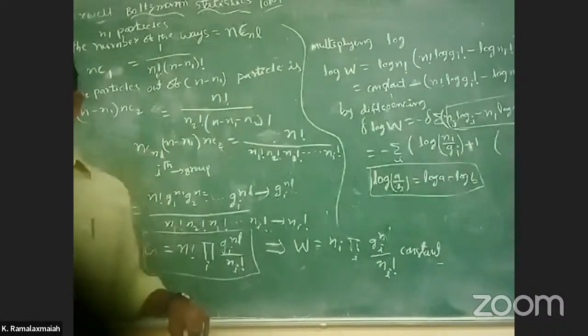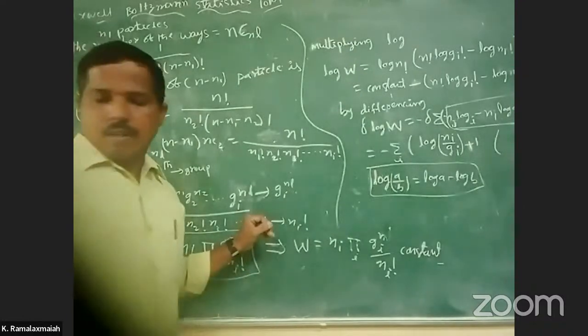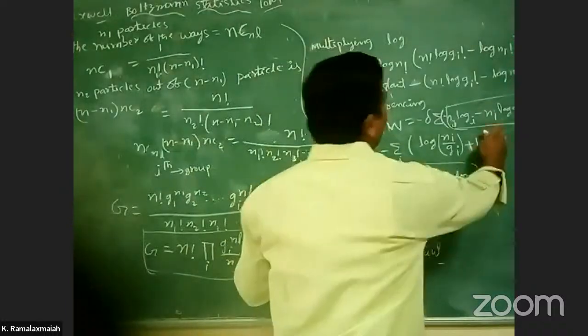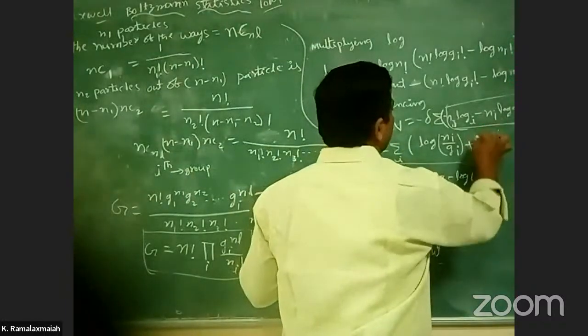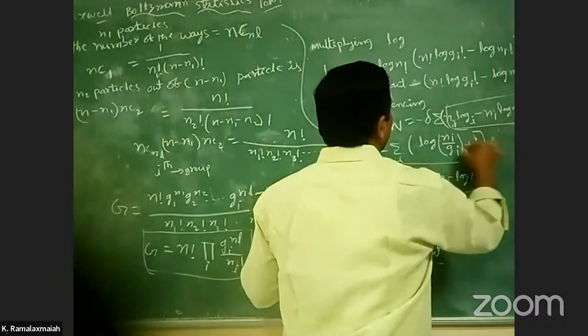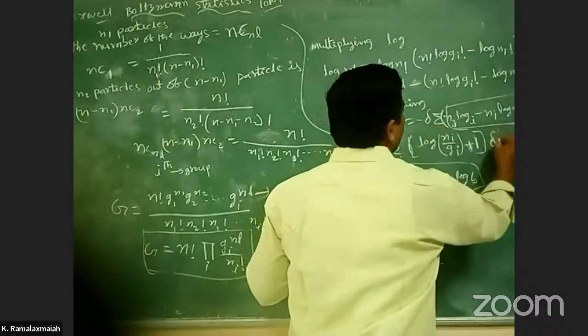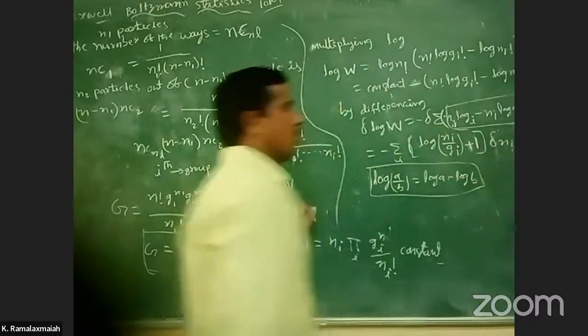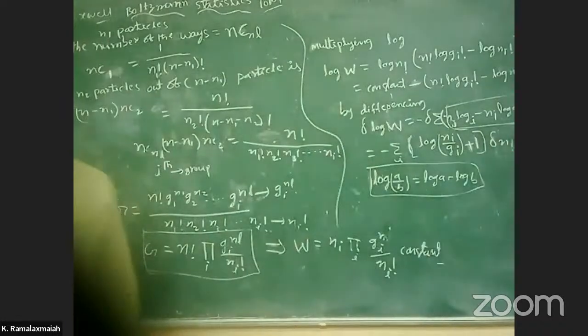So that is summation of delta ni factorial.